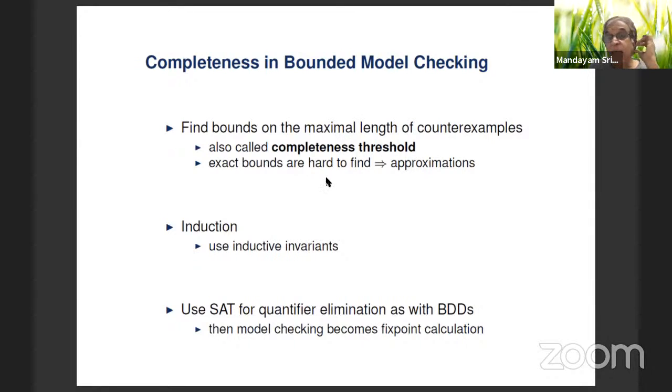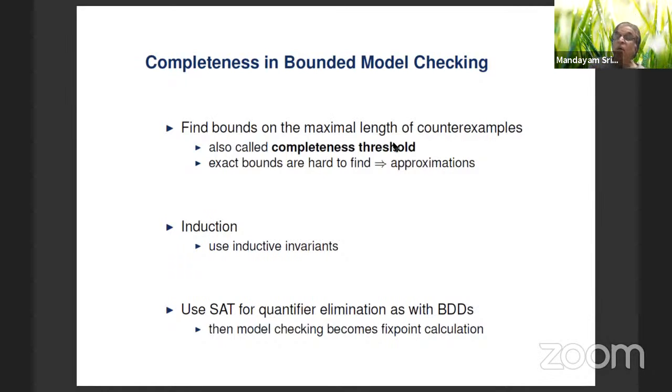Exact bounds are very hard to find, and so you can have some upper bounds. That is what I mean by approximations to the maximal length of counterexamples. And you will see when I illustrate these, the bound on the length of the counterexamples depends on the property, on the temporal logic operators that are used, and certain aspects of it.